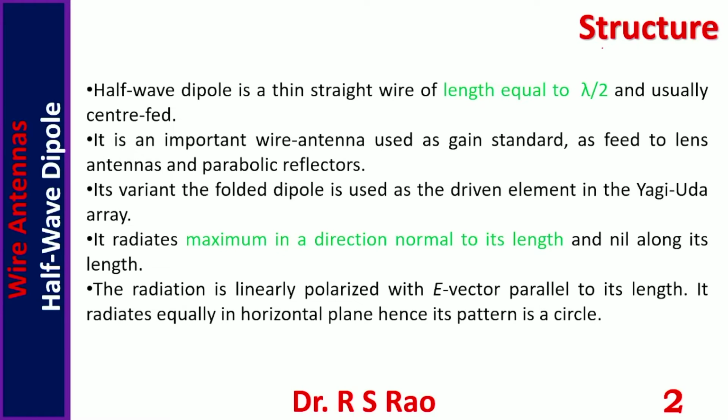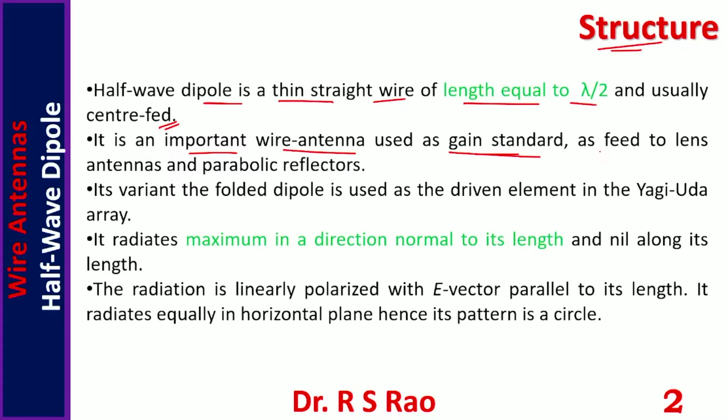Let us begin the session by considering structural features of half-wave dipole. Half-wave dipole is a thin, straight wire conductor of length equal to lambda by 2, and it is usually center-fed. It is an important wire antenna. It is used as a gain standard.